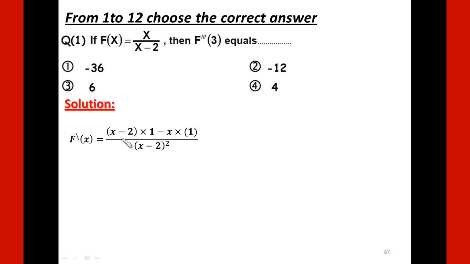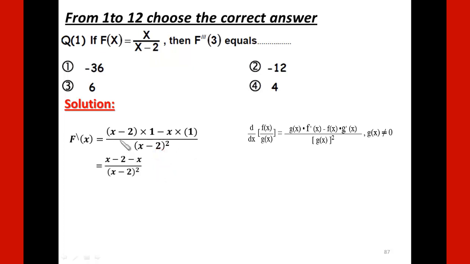So we write the denominator, which equals x minus 2, and the derivative of the numerator, derivative of x, equals 1, minus the numerator, which equals x, multiply the derivative of the denominator. Derivative of x minus 2 equals 1. Derivative of x equals 1. And the derivative of negative 2 is 0, over x minus 2 all square.